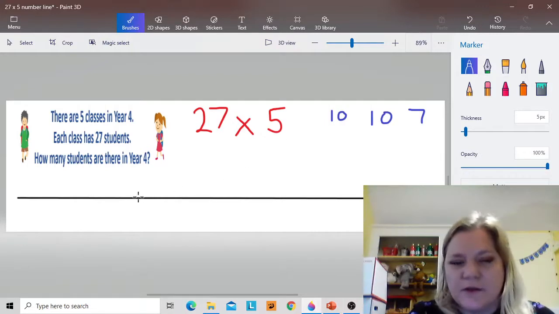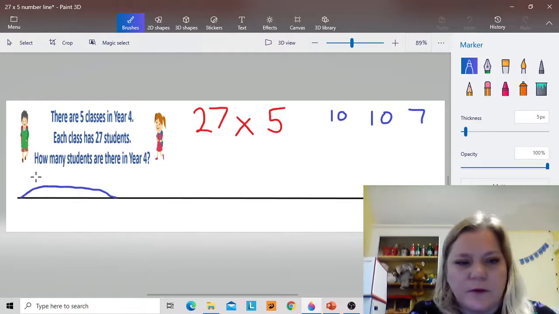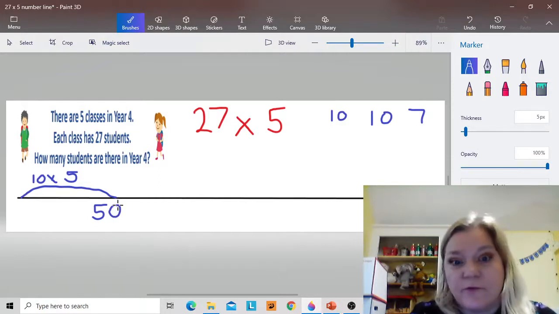And we're going to use the number line to help us. So we start off with 10 times by 5. That's an easy one. That's 50. 10 times 5 or 5 times 10, remember they're commutative.